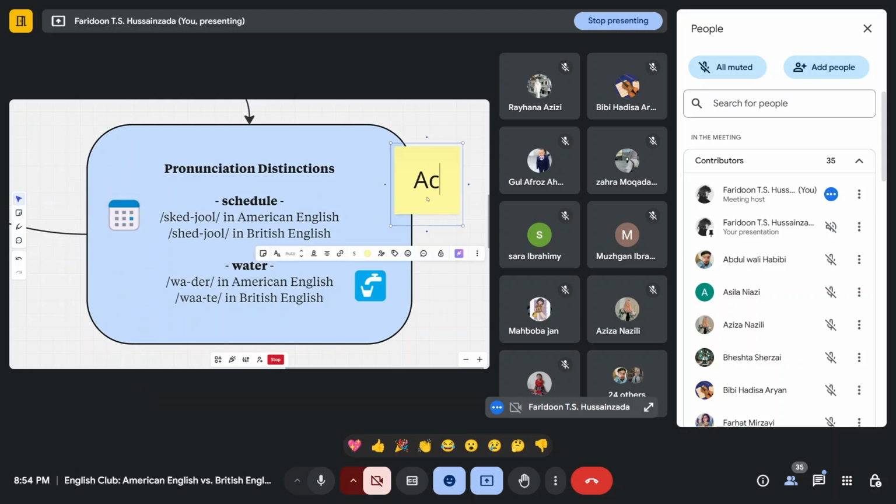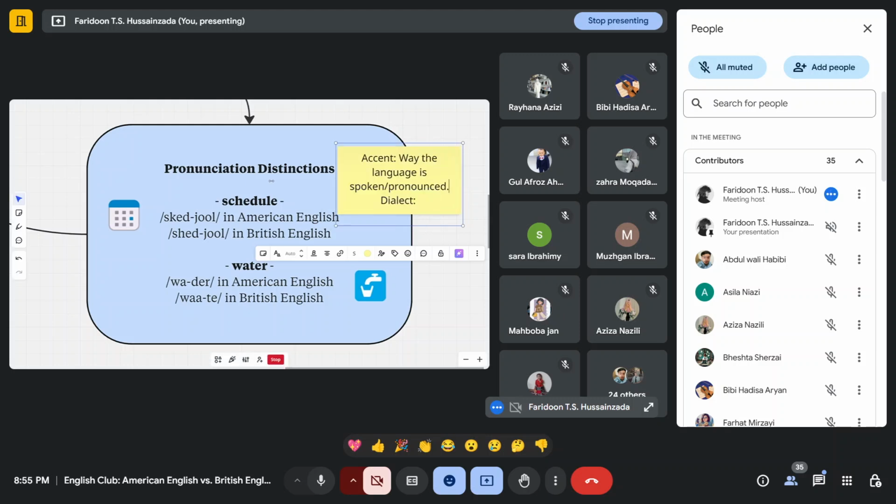Okay, so accent and dialect. Now, of course, this again does require a very, very long session. If we did have time, it would be better to talk about it for maybe an hour or two, but we don't have enough time. So I'm going to try to keep it brief. An accent is the way the language is spoken, or you could say pronounced.